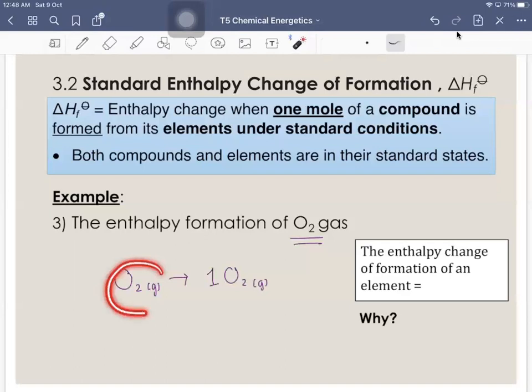And you notice that going from the reactants to products, there isn't really any change there. There's no reaction. So the enthalpy change of formation of any element would be 0, because there's simply no change.